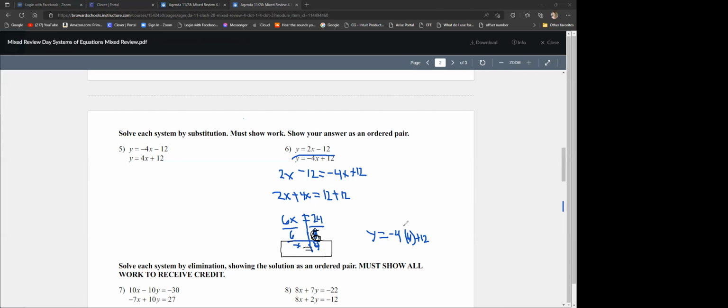Or can you do it all in one step? If you can't do it in one step, just do it step by step. Negative 4. Okay, put negative 4. This is y right here. So now what's your ordered pair? 4, negative 4. There you go.